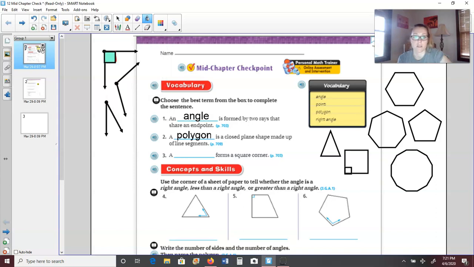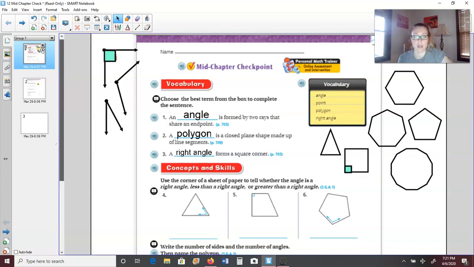There we go. I just filled it in blue. Fill this one in blue too. All right, what kind of angle is that when it is a perfect 90-degree angle? Well, it is a right angle. It's just right. Think of Goldilocks. She wanted the porridge that was just right. It was perfect. Okay, moving on.